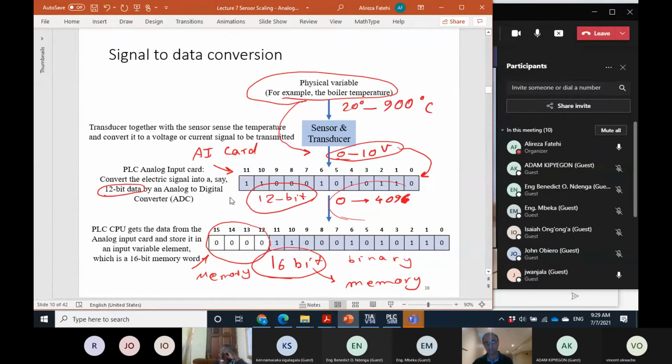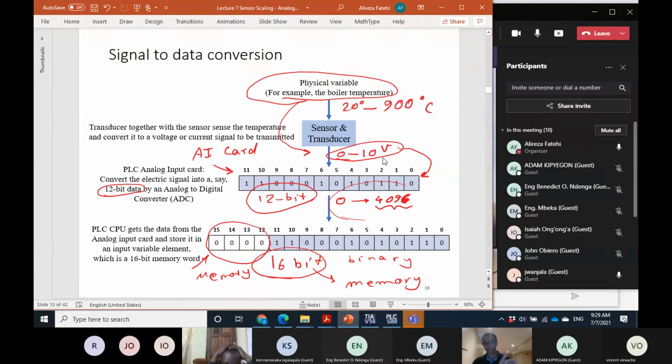So for a 12-bit signal, we have 4,096 distinguished binary numbers that can be represented by these 12 bits.